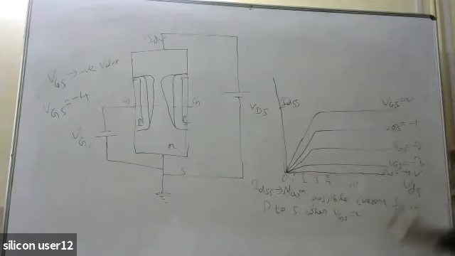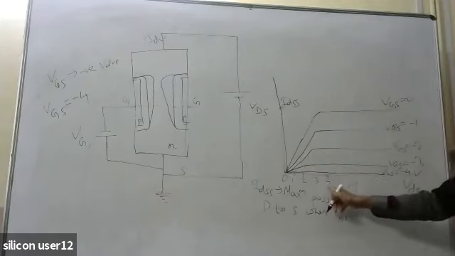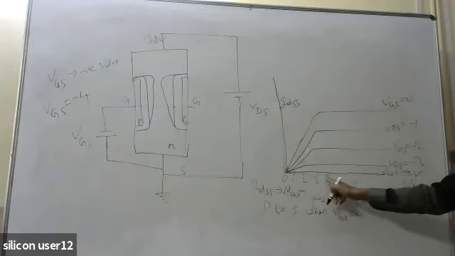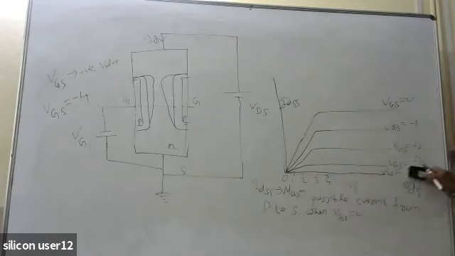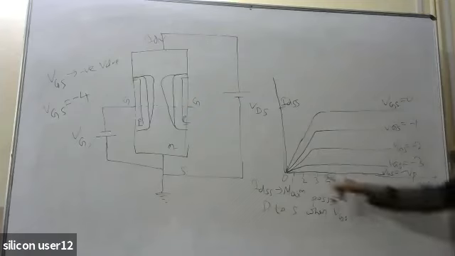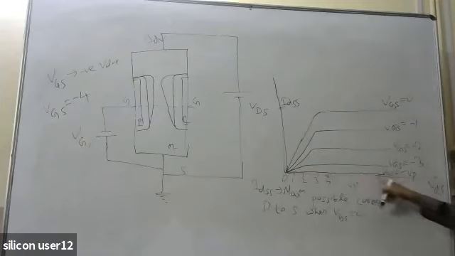Here with the example of 4 volt, if this is called VP, then also I can say, this is my VDS axis. If VGS equal to -VP, then the ID current will be equal to 0. Okay.